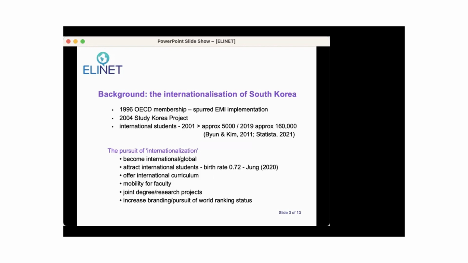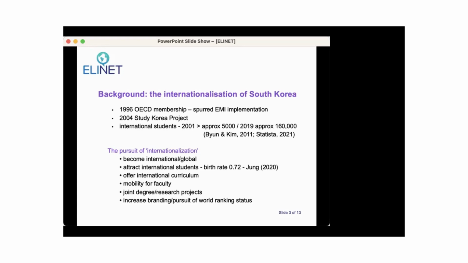The momentum of English language use in higher education visibly increased after the millennium through government-established university support programs to increase the international student population, such as the 2004 Study Korea project. Following the introduction of the project, EMI courses offered by South Korean universities swiftly rose, and so did the international student population, which is projected to reach 200,000 this year.